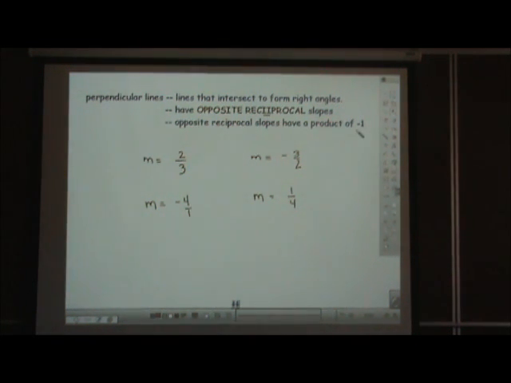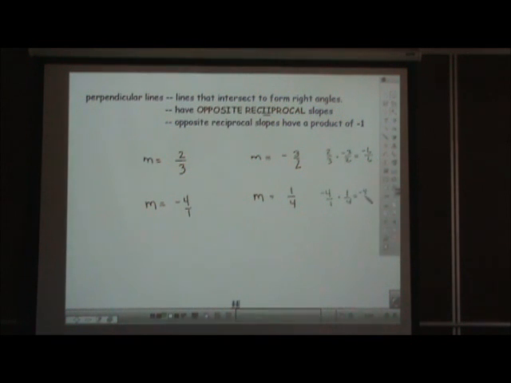Now, to see this part about the product, if you're not sure, you can always check their products. For instance, 2/3 times -3/2, if you just multiply straight across, -6/6, which reduces to -1. The same with your -4/1 times your 1/4.